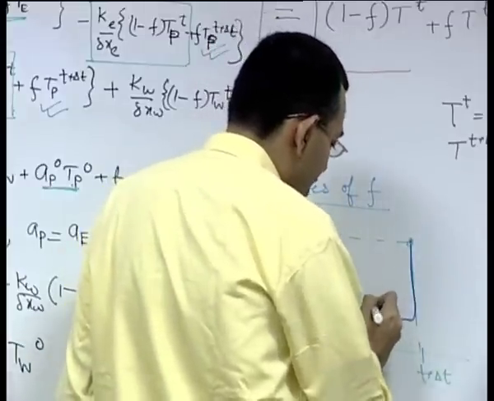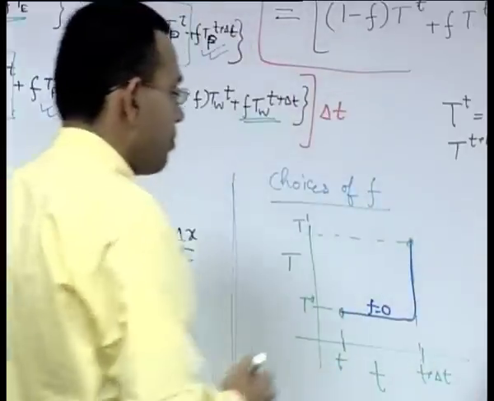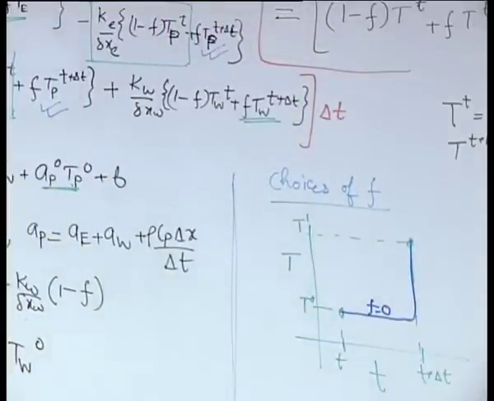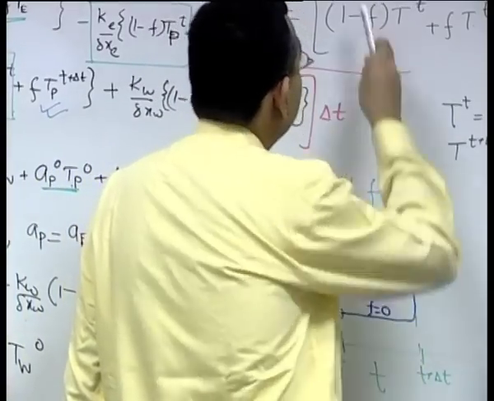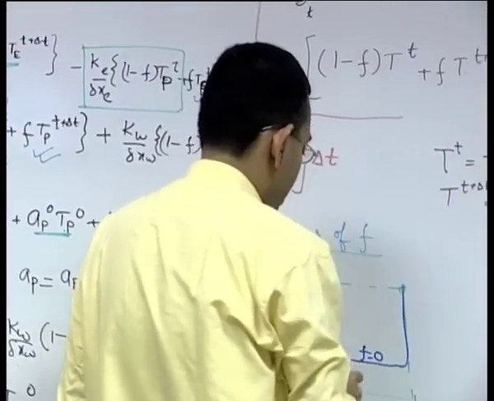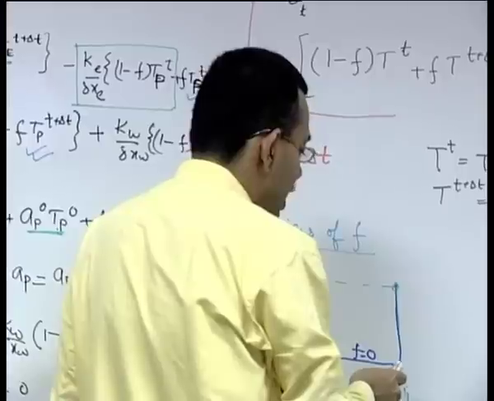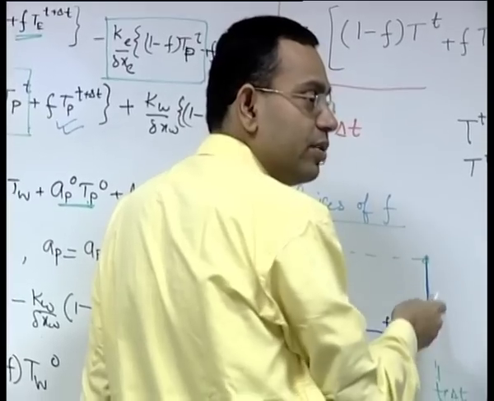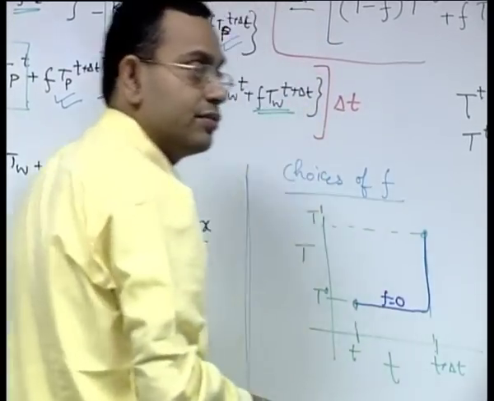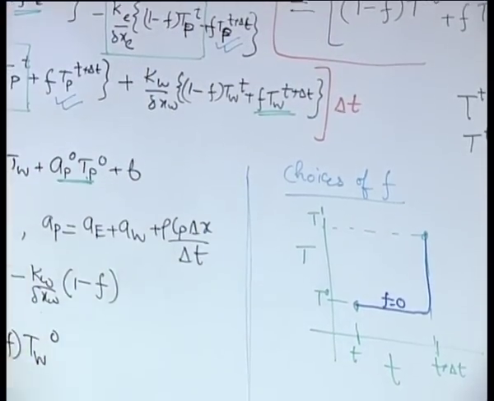So this is f equal to 0. It is clear, f equal to 0 means throughout the time interval the temperature is T0, but of course it has to assume a new value of T1 at the end, so it suddenly jumps from T0 to T1 at the end. So that is the profile.